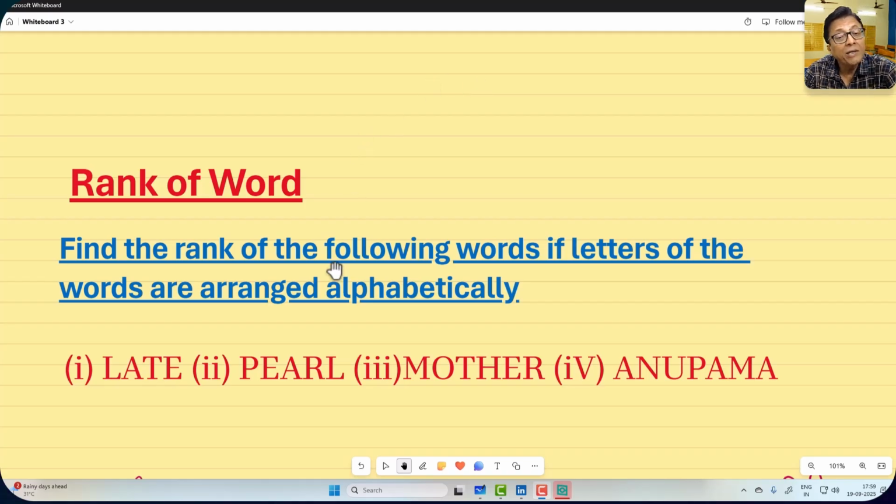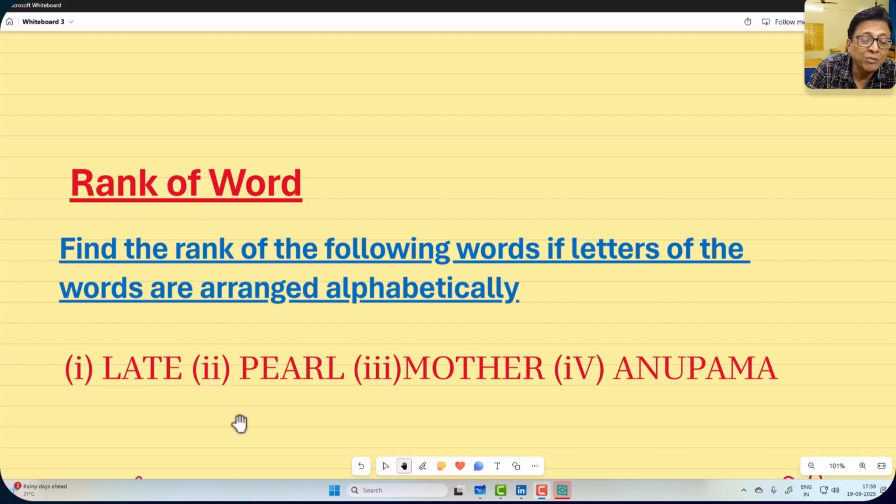For finding the rank of the word LATE, I will be telling you two methods. One method is used by everyone. Normally, alphabetically means we should start with the letter which comes first alphabetically, with the remaining letters in the word.